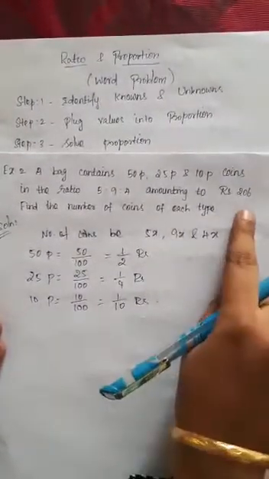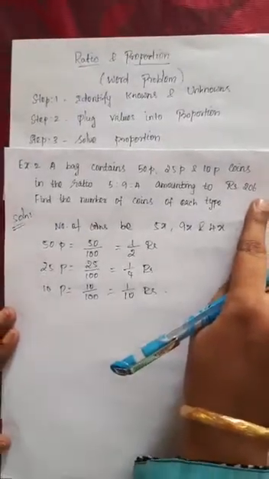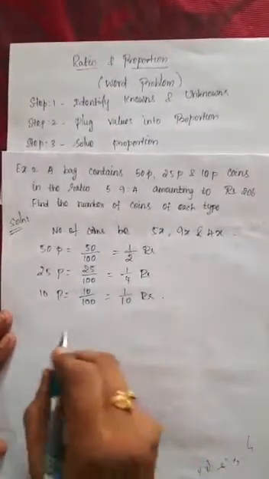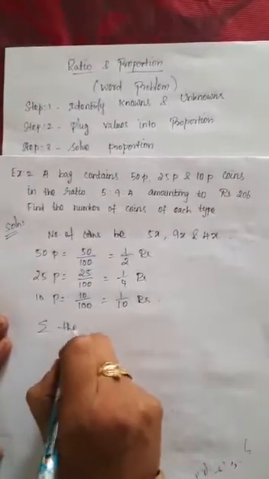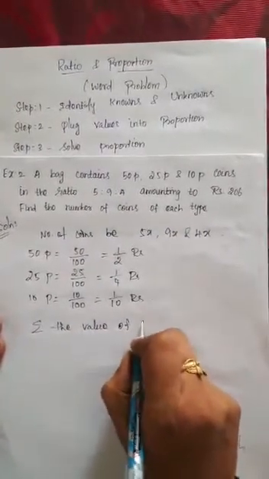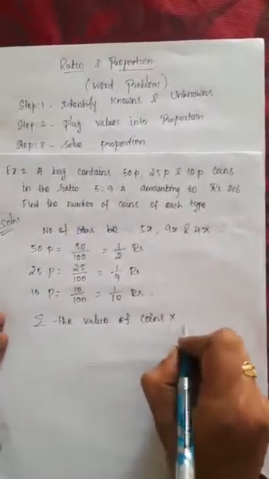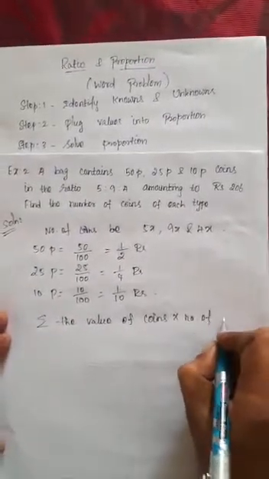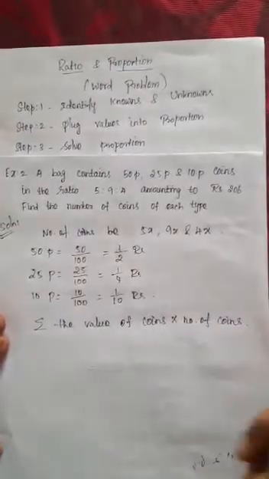The total amount is given as 206, which is nothing but the sum of the values of coins into the number of coins.